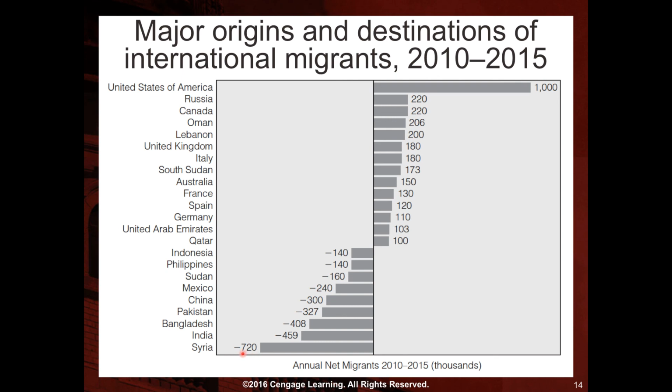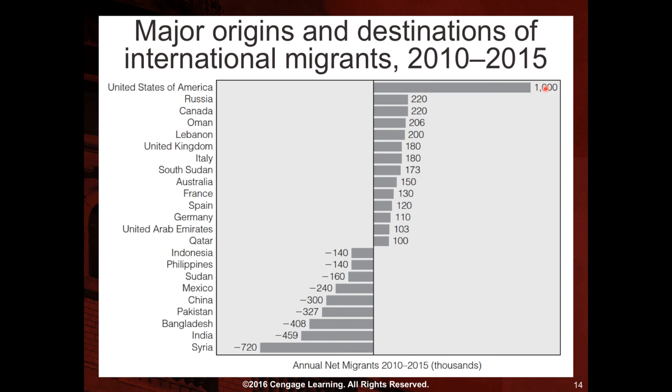So it had 720,000 more emigrants than immigrants per year in this period. And in the US, it had 1 million more immigrants than emigrants per year in this period.